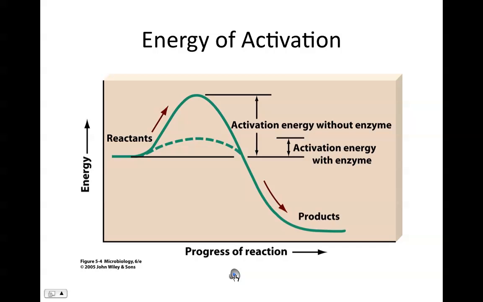This graph represents an illustration of what we mean by energy of activation. In a typical chemical reaction where we have reactants turning into products, notice that the very high curve on this graph is the illustration of the energy of activation needed without an enzyme to convert the reactants into products.